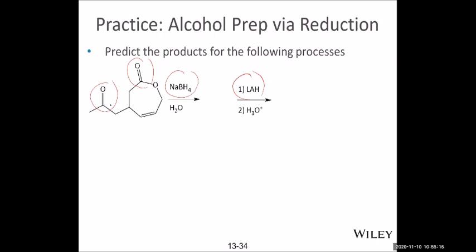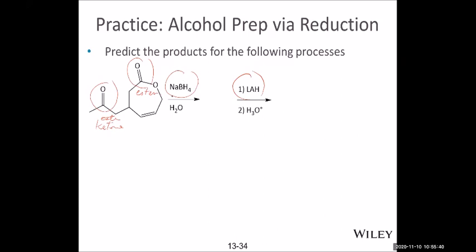Between these 2, this is a ketone. This is the ester, by the way. This is ester. This is ketone. And the sodium borohydride would only react with aldehyde or ketone. It will not react with the ester.